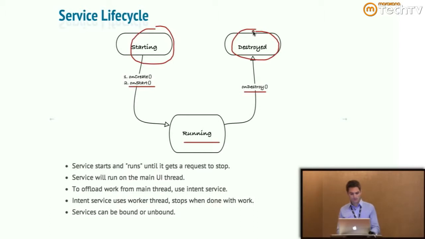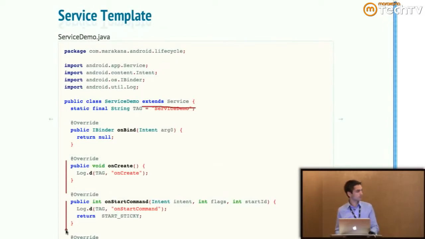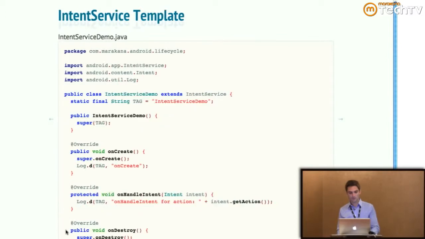A service, just like an activity, you start by subclassing something from the system and then overriding specific lifecycle methods. There's a different flavor of service called IntentService that does the work on a worker thread. In other words, it doesn't block your UI thread.